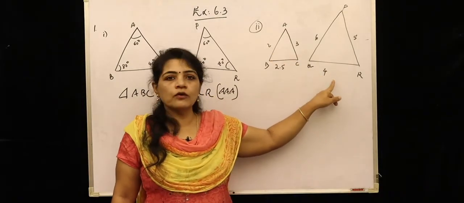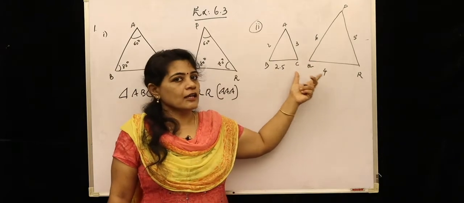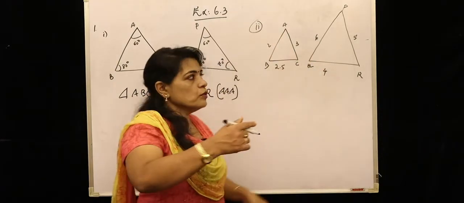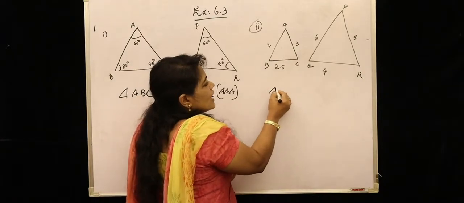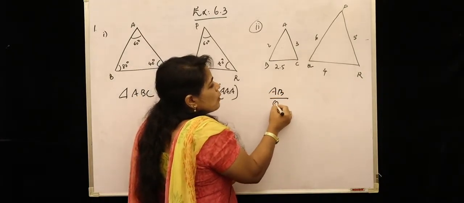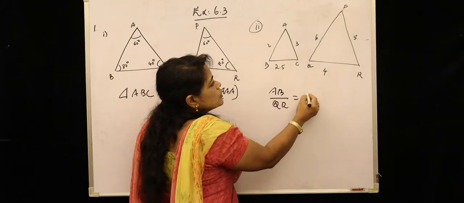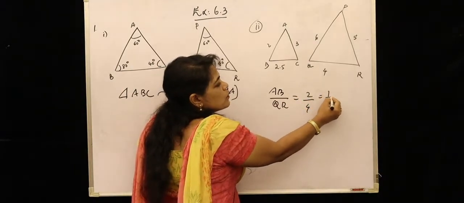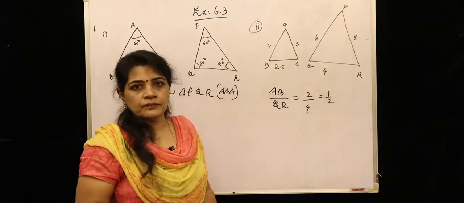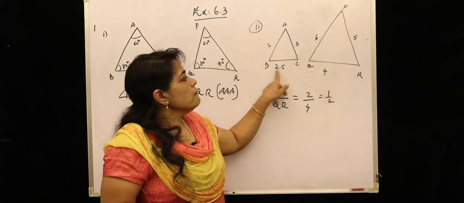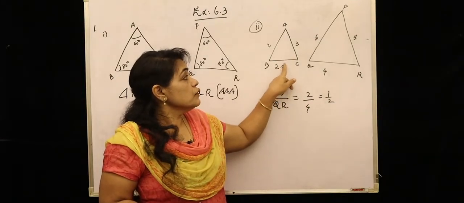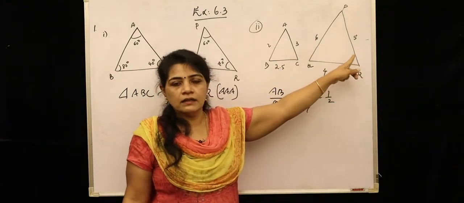2 twos are 4. That means the ratio AB by QR that we are going to find out, AB by QR is equal to 2 by 4, that is equal to 1 by 2. And here, see children, BC, you can see 5 centimeters here.